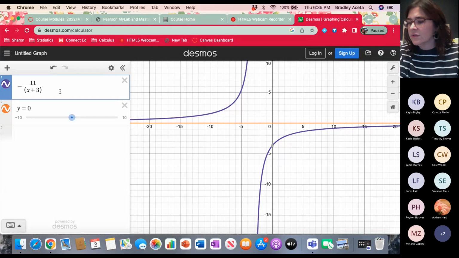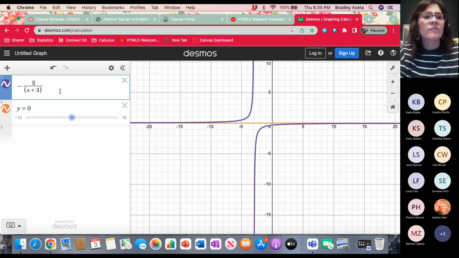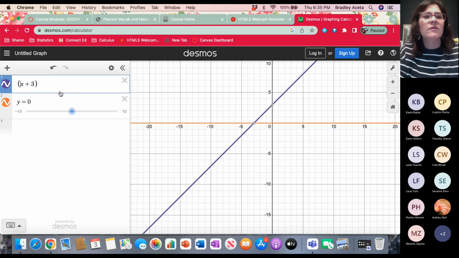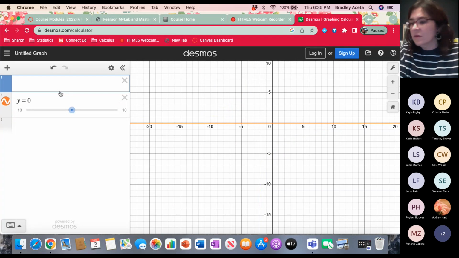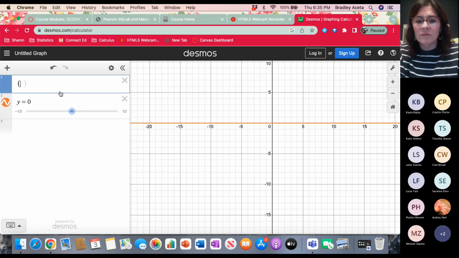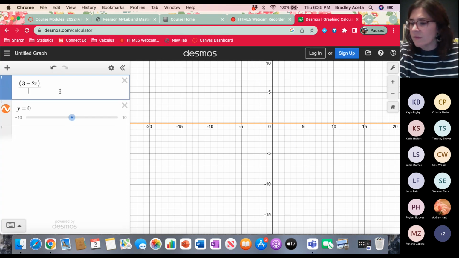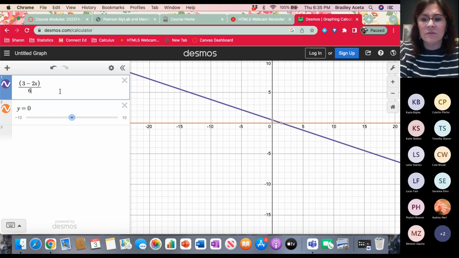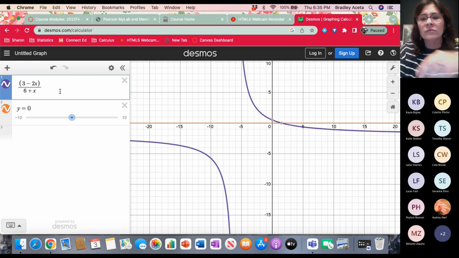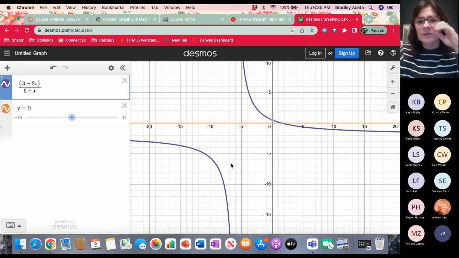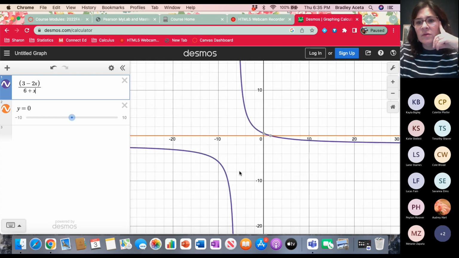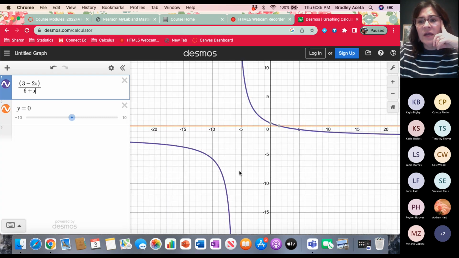I'm going to keep y equals 0. Let's see. 3 minus 2x divided by 6 plus x. There we go. So, if you're very good at reading these, which a lot of you are, here's my orange line.